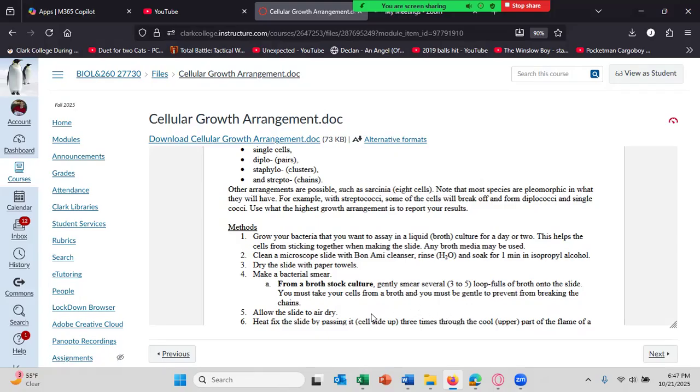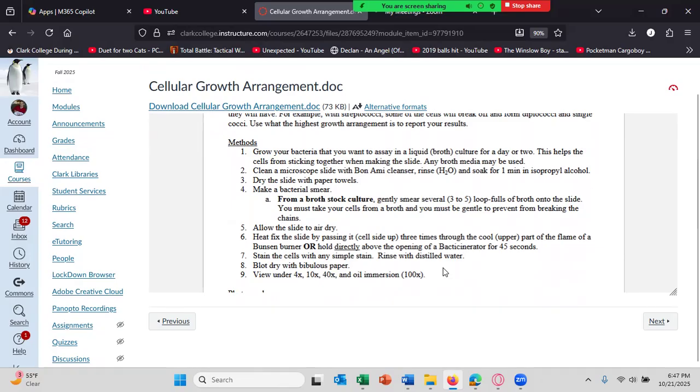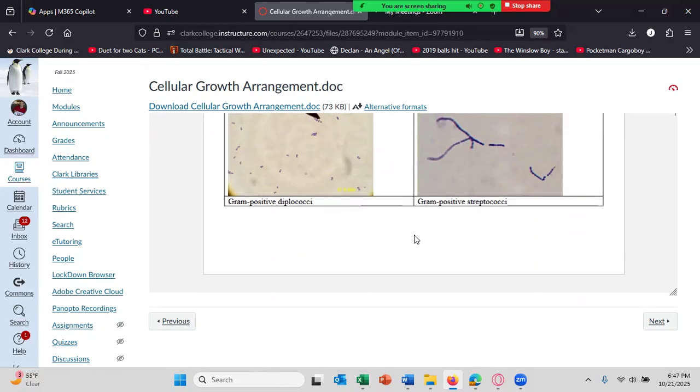That's not required, but you can. And then gently heat fix it, and then stain them and view them under the microscope. Then you can see the cellular growth arrangement. So you have to do the cellular growth arrangement test to get the cellular growth arrangement. If you get it from the gram stain, you may be incorrect on what you see.